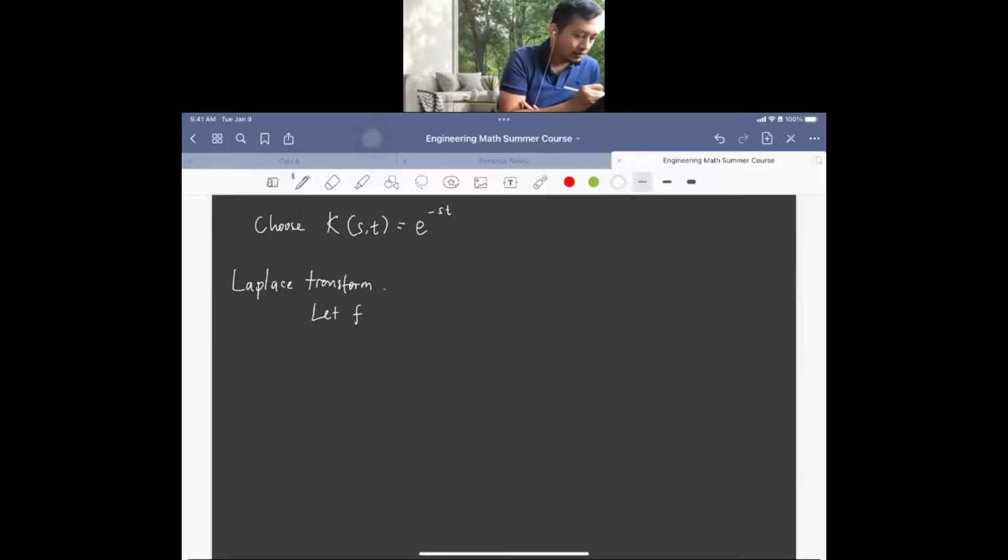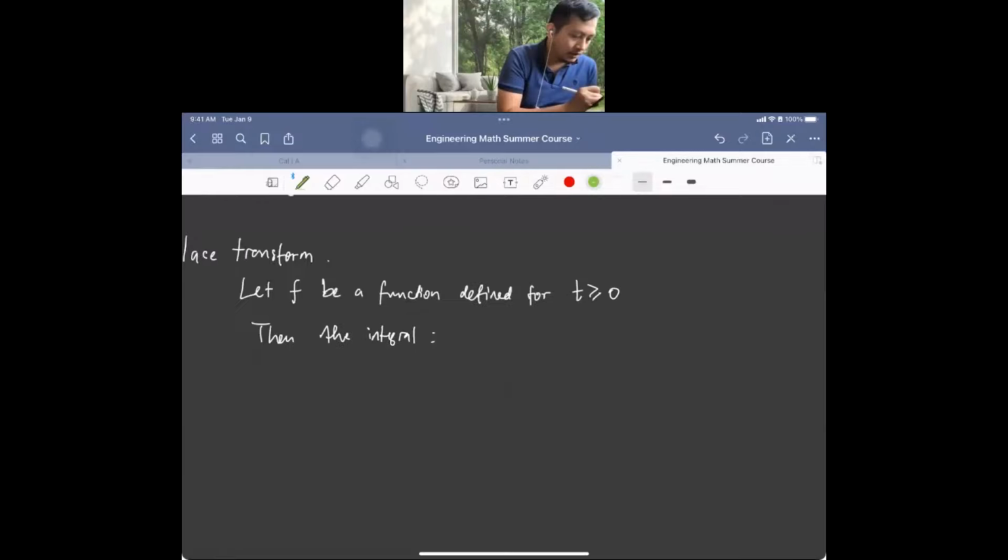So let f be a function defined for t greater or equal to 0, which means from 0 to infinity. Then we write the Laplace with some sort of letter L with a curve like that.